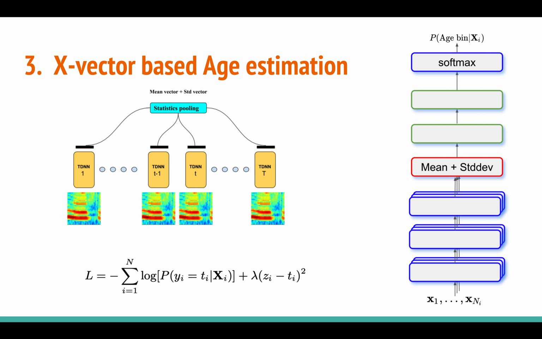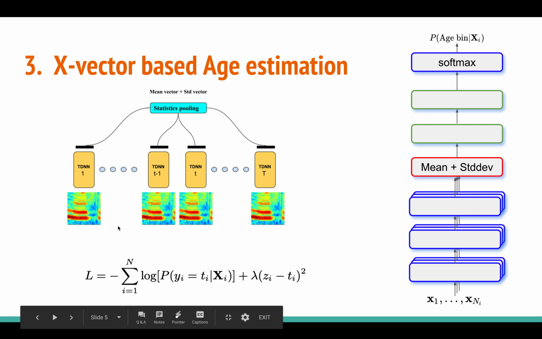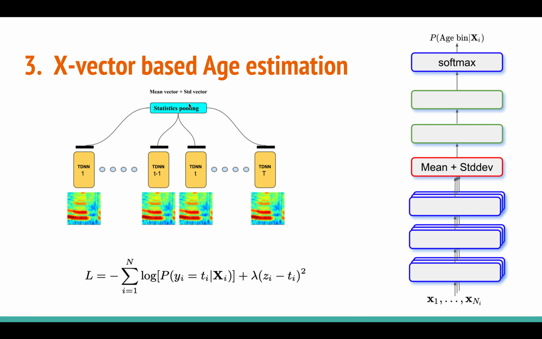But what we want is one vector which will characterize, or give us some sort of high level representation for, this entire audio. So we are going to take all these vectors and compute the mean and standard deviation vector out of these 100 vectors, for example. This mean vector and standard deviation vector we will concatenate together and make a single vector.